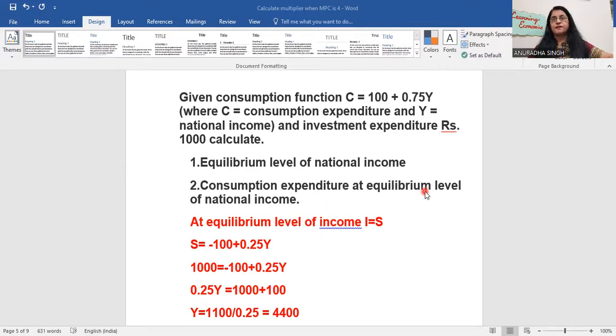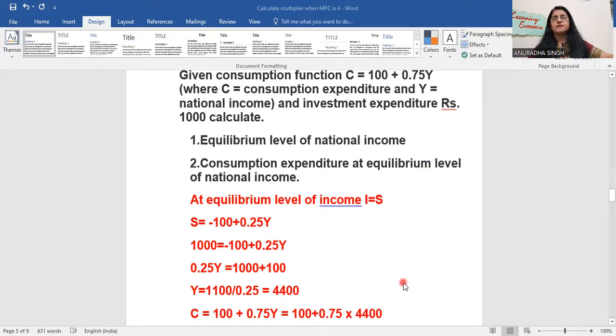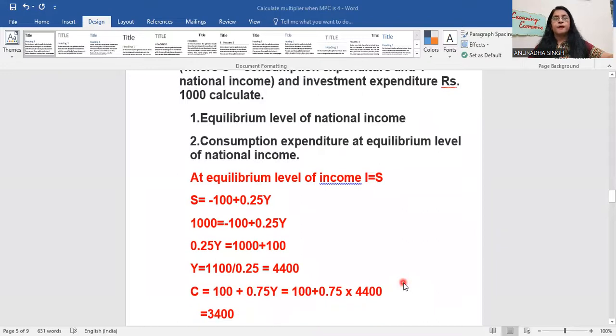At equilibrium level, consumption expenditure is the same in both the saving function and the consumption function, because it is common. You can see that at equilibrium level of income we have I is equal to S. That means investment is equal to saving.